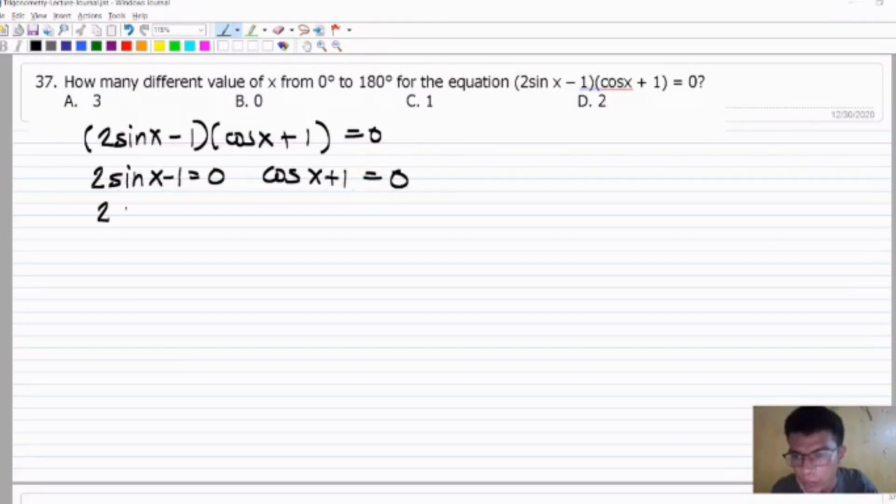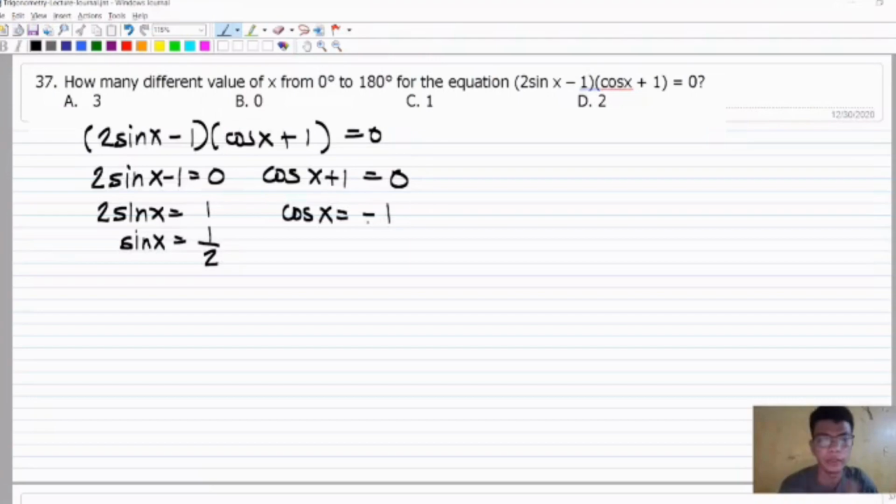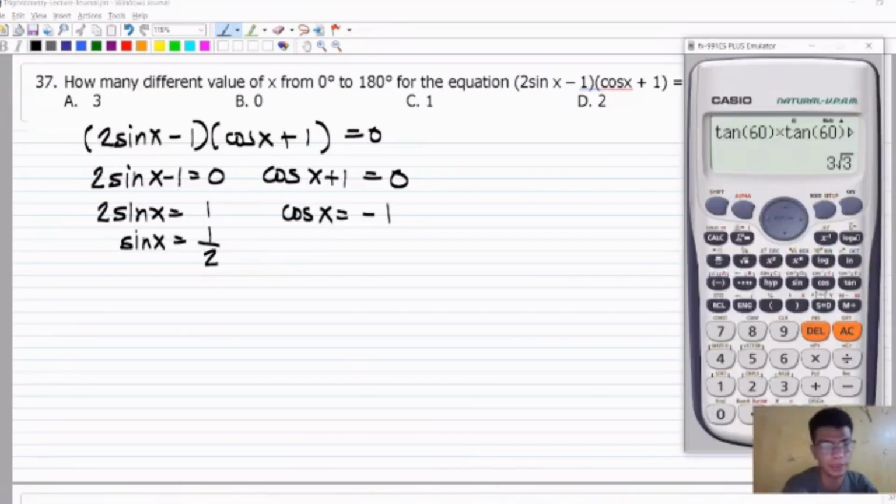So dito, 2 sine x is equal to positive 1. And then sine x will become 1 half. Next, dito naman, cosine x is equal to negative 1. So, try natin by calculator method kung ilan yung mapapalabas nating value.